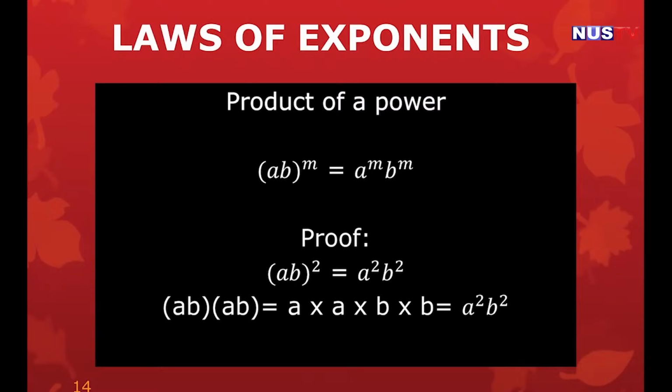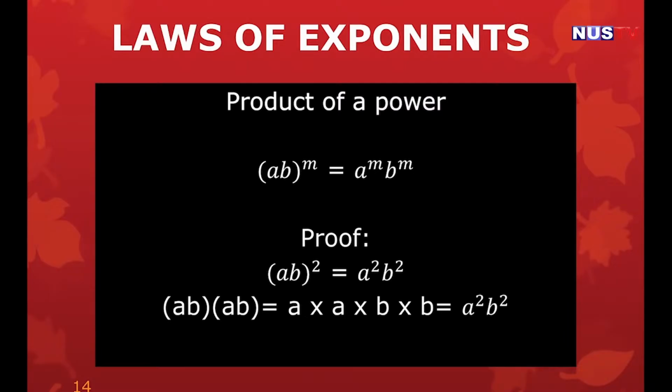Okay, so a proof. ab to the power of 2 is the same as a to the power of 2 multiplied by b to the power of 2. Where does this come from? ab to the power of 2 means you are multiplying ab 2 times: ab times ab.